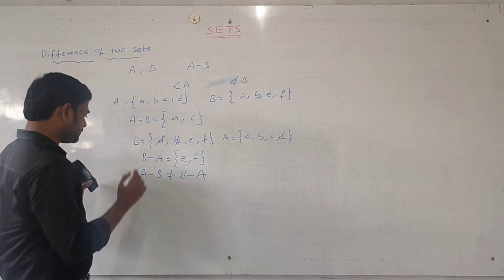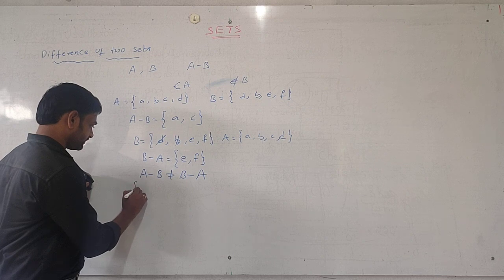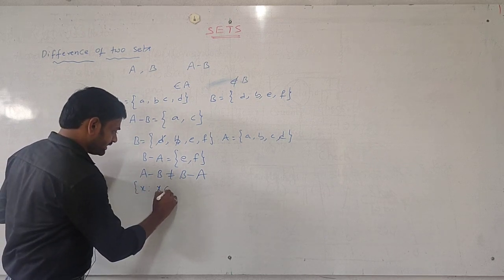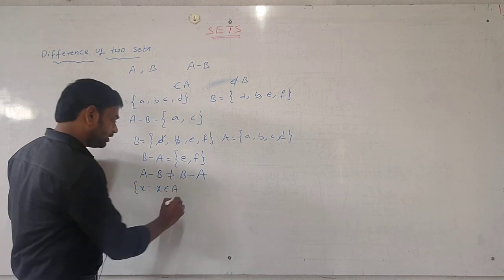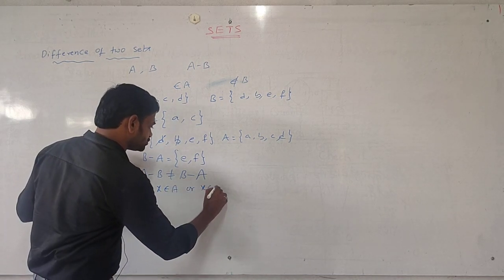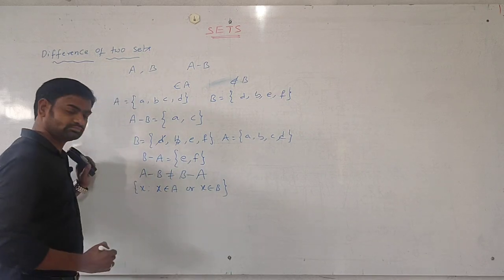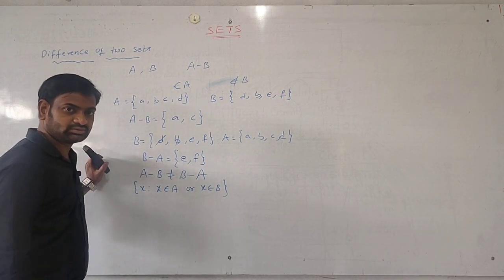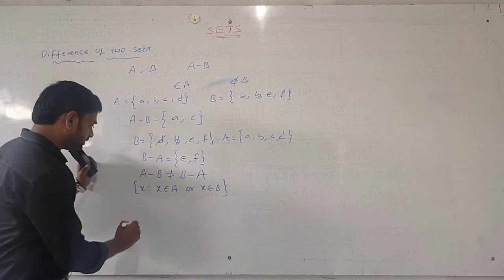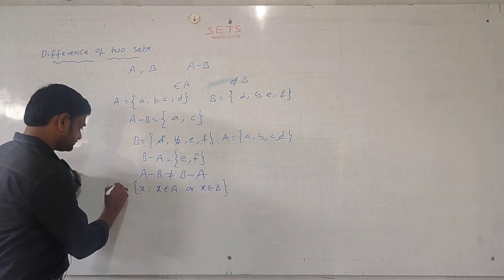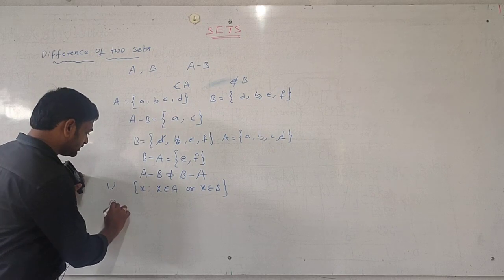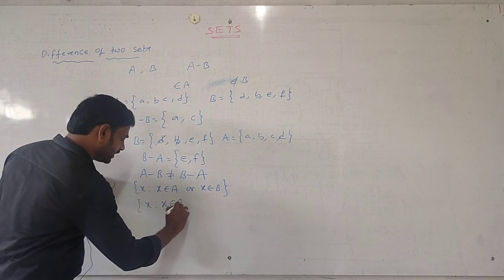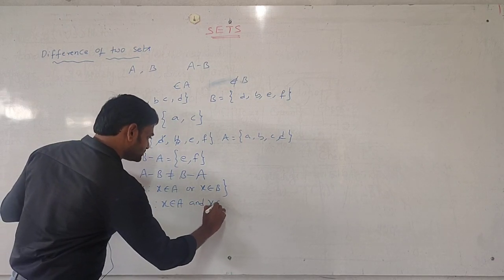See that one. Suppose we take union, that is {X such that X belongs to A or X belongs to B}. Either A or B, both are acceptable. This is the union. Intersection means {X such that X belongs to A and X belongs to B}.